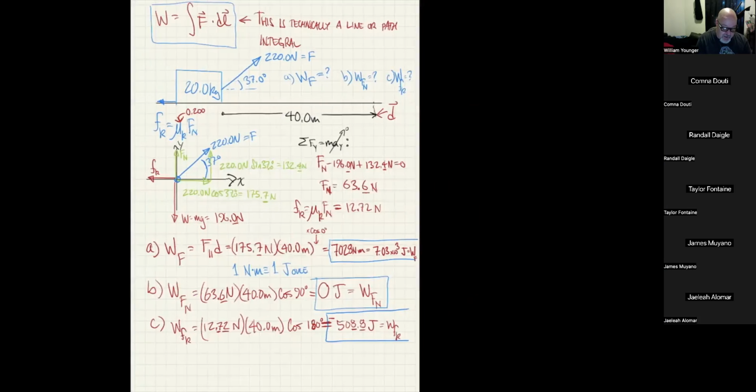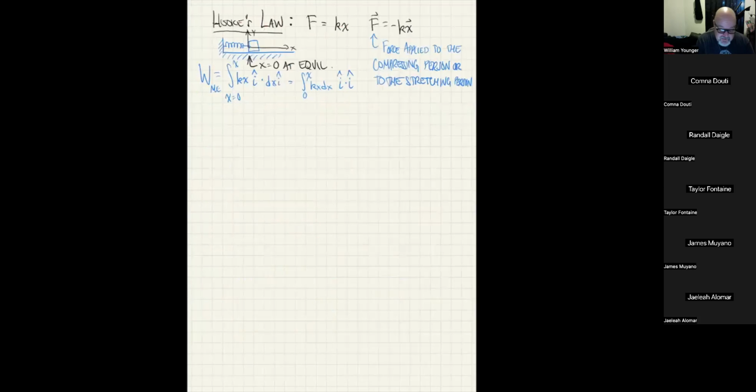Anybody want to guess what the angle between I hat and I hat is? They're identical vectors, so the angle between them is 0. Exactly. And of course, the cosine of 0 is 1. So the whole thing just equals 1. And I get 1/2 kx squared.